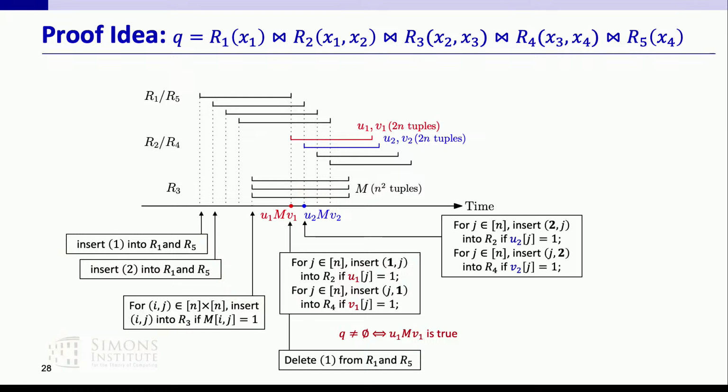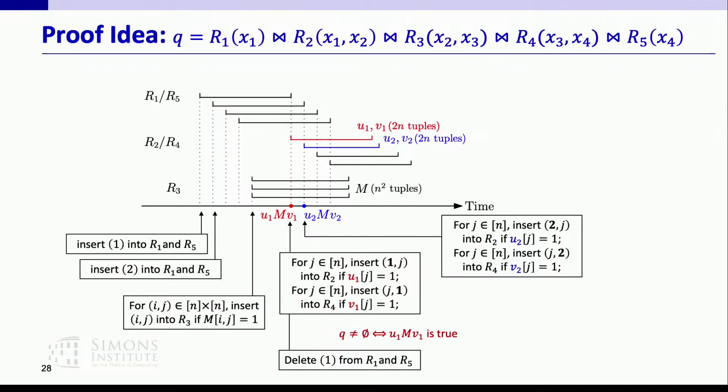Okay. For this time point, for U2 and V2, we further insert the tuples into R2 and R4 separately. But this time, those tuples have an indicator 2 here. So what does this mean? All these tuples encoding U1, V1, U2, V2 exist in the database, but there is no corresponding indicator tuples in R1 and R5.